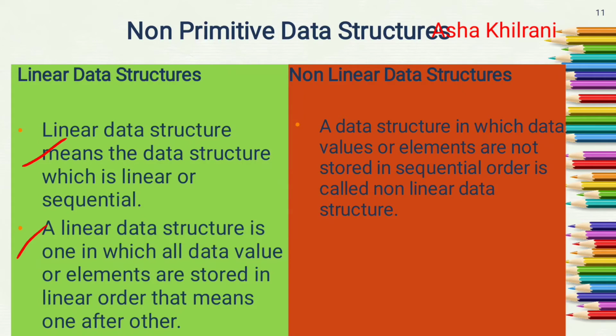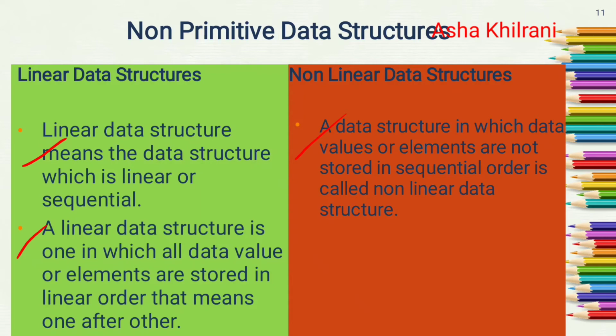So in linear data structures, the values stored are arranged in sequential order, that means one after the other. In a linear data structure, you know the order, that means you know which element will come after which element. But in a non-linear data structure, the elements are not stored in sequential order.